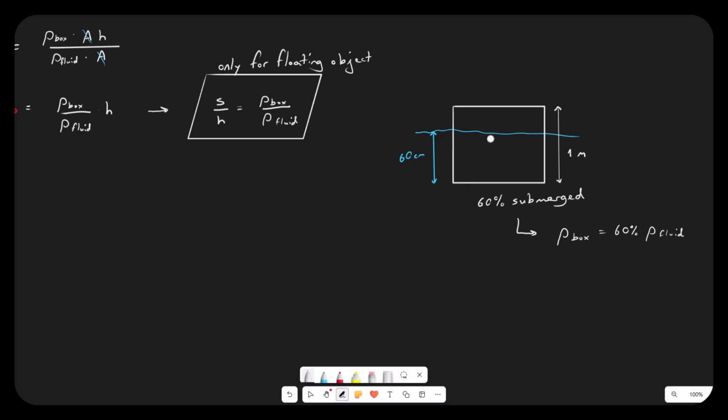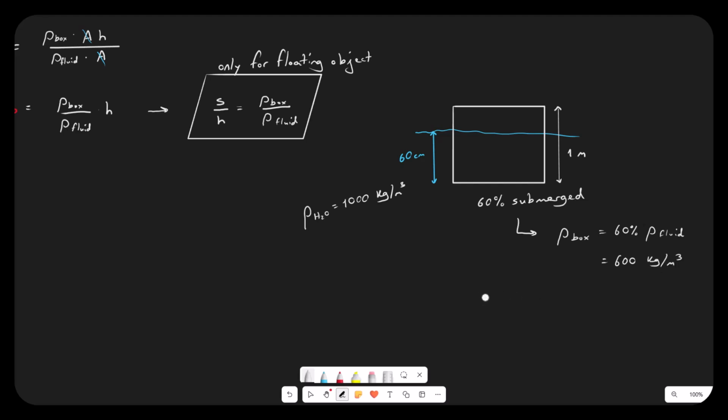If this is water that I'm floating in, and water has a density of 1,000 kilograms per cubic meter, that tells me this box must have a density of 600 kilograms per cubic meter.